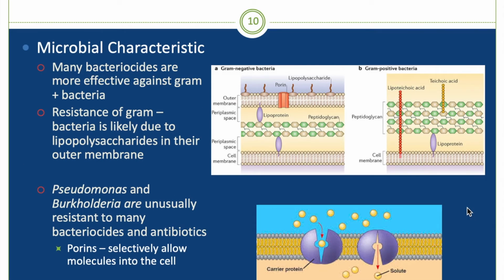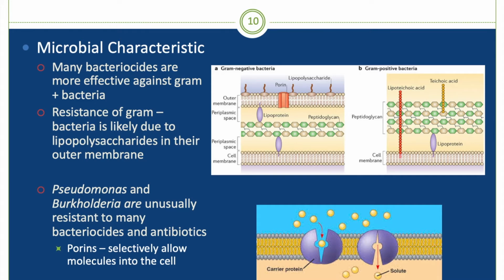In terms of microbial characteristics, you have different bacteria. You have gram-positive, you have gram-negative. You have those that have resistance because of their cell wall, such as Mycobacterium, which has a waxy outer covering made up of mycolic acids.